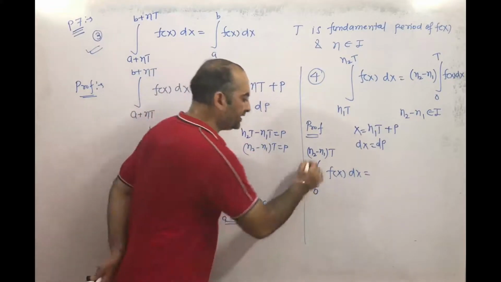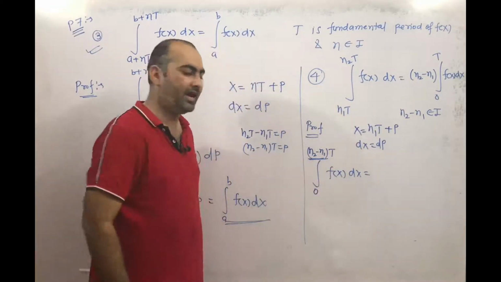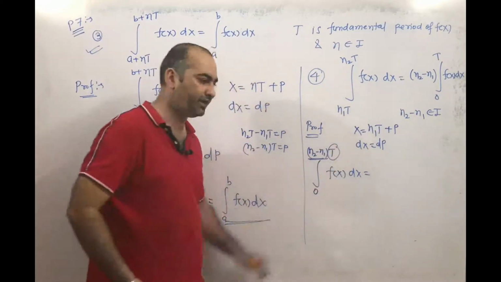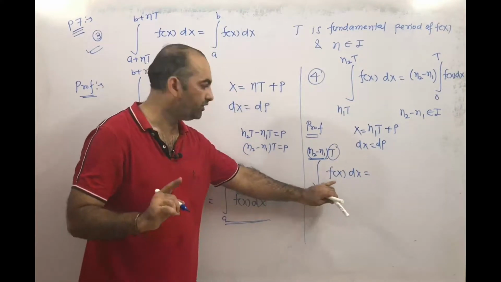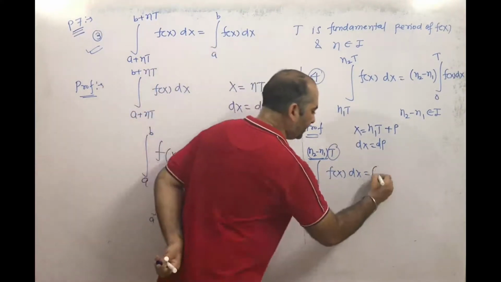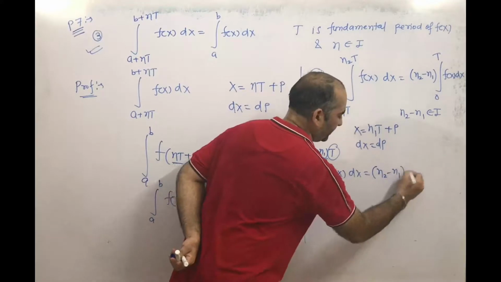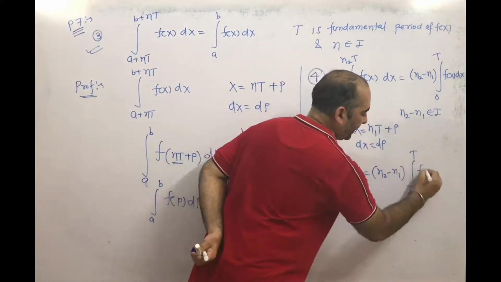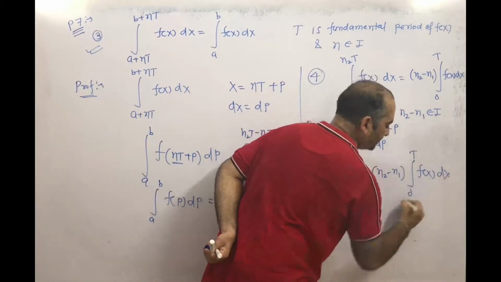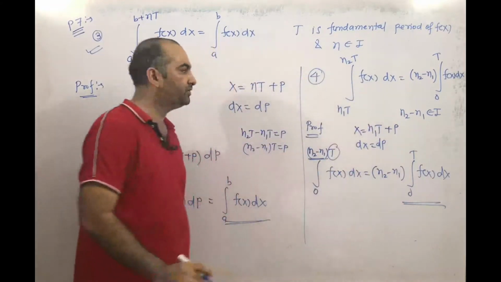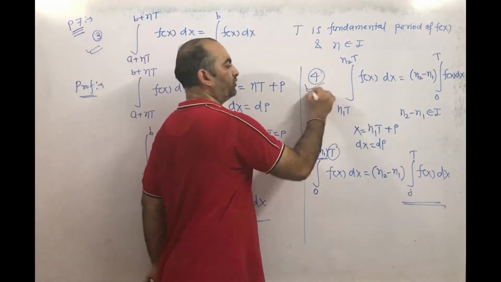If n2 minus n1 is an integer and T is the period of f(x), then according to the first point we get (n2 minus n1) times integration from 0 to T of f(x) dx. So by using the first point we can prove the fourth point.